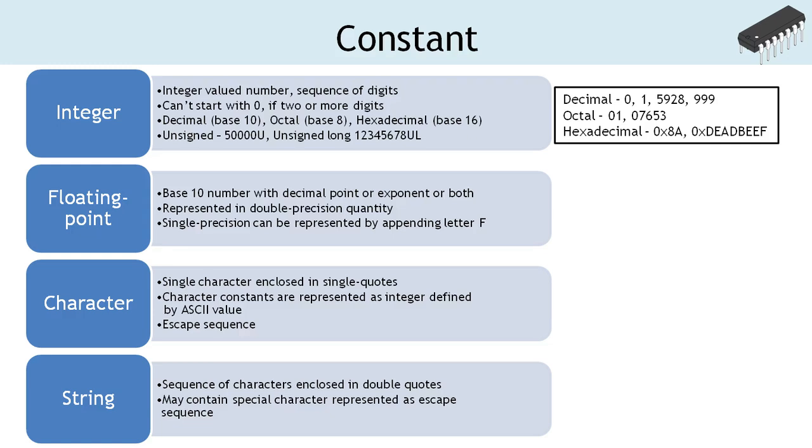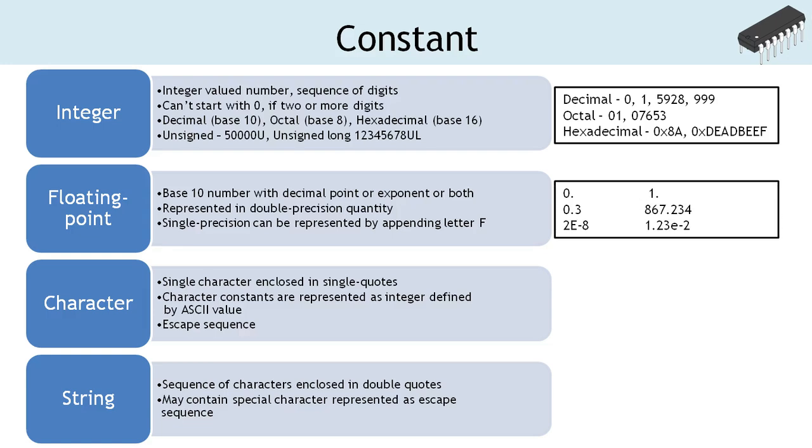A hexadecimal integer constant contains digits from 0 through 9 and A through F. It must start with 0x to be identified as a hexadecimal constant. An unsigned integer constant represented in any of the number systems must end with the letter U. Similarly, a long integer represented in any of the number systems must end with the letter L.